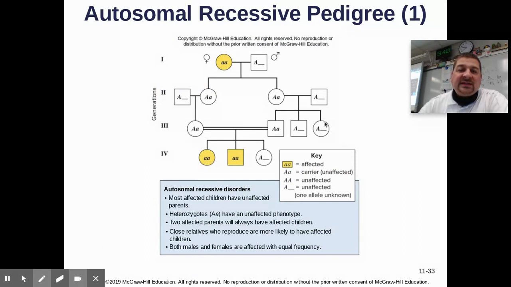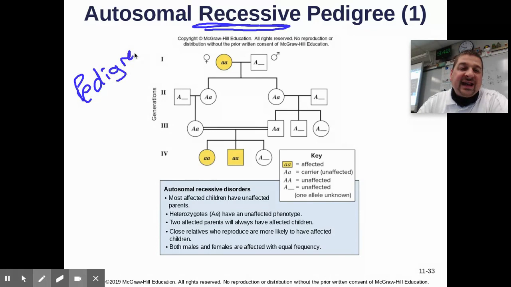So if we look at some examples, first off, autosomal recessive. If the trait is recessive, we use something called a pedigree to represent how that is passed down through family history. In an autosomal recessive pedigree, circles represent female, squares represent male.